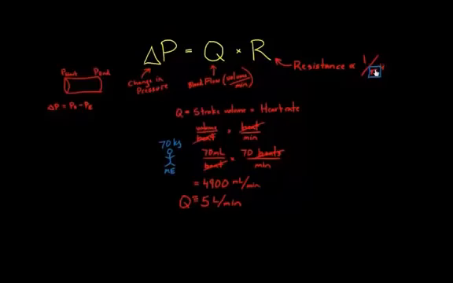Okay, so if I have to figure out total body resistance, let me clear out the board. I've got, let's say, the heart. Over here, I like to do the heart in red. And it's pumping blood out my aorta, right? So blood is going out of the aorta. And then it's branching here, and then it's going to branch some more, and some more. You can see where this is going.